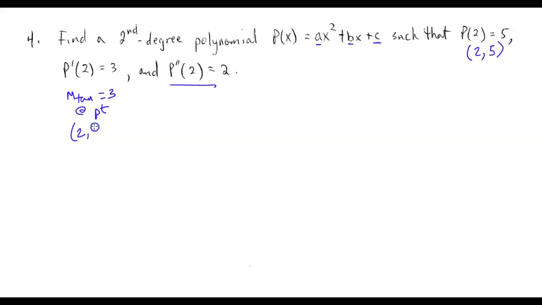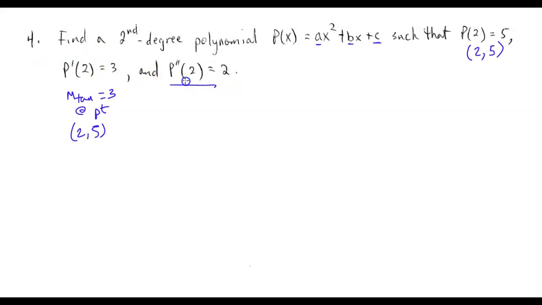Translating that another way, if this was a particle moving, when the particle is at the position (2,5), the rate of change of that particle is increasing by 3 whatever units per whatever.